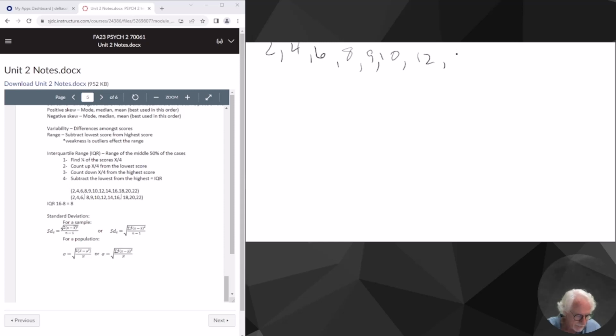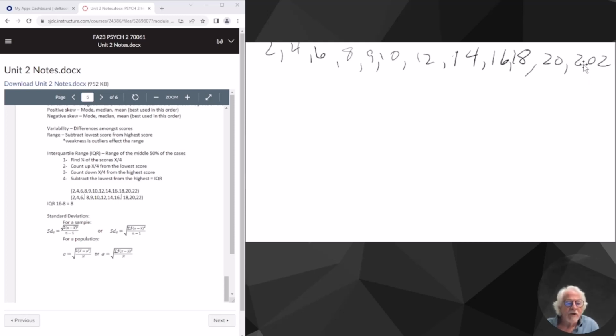I've got to read my notes here. 14, 16, 18, 20, and then 202. Let me say that, and I'll fix my notes over here. It says 22. It's supposed to say 202. I'll fix that. All right, right?